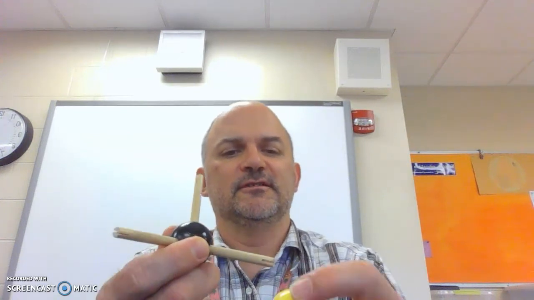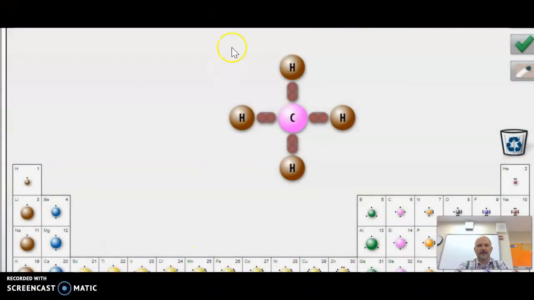And each hydrogen can attach to one of those. So I have built a molecule of CH4. It looks like that. All right. So now you know what all of those look like from the model point of view.